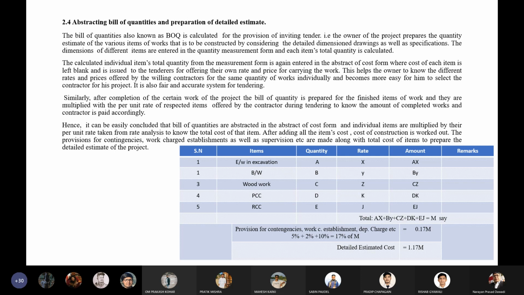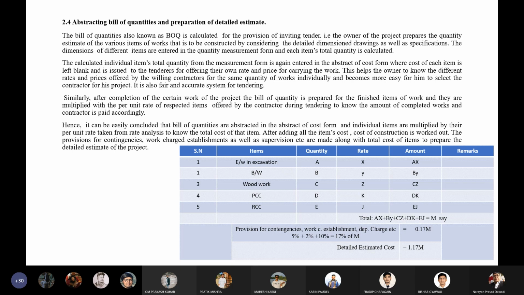Similarly, in the estimate, the overcharge establishment, contingencies, supervision charge, or departmental charge, etc., are the provisions provided in the estimate that might be used. That must be used during the preparation of the detailed estimated cost. To find the detailed estimated cost, we have to include such provisions.